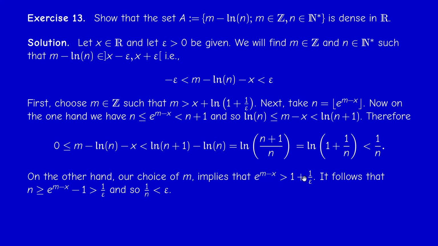And e to the m minus x minus 1 is bigger than 1 over epsilon. So I get n bigger than 1 over epsilon, and so 1 over n is less than epsilon. So the difference m minus ln n minus x is less than epsilon. And so we have proved that m minus ln n minus x is between 0 and epsilon. So in particular it's here. So that's it. This proves the density of my set A.